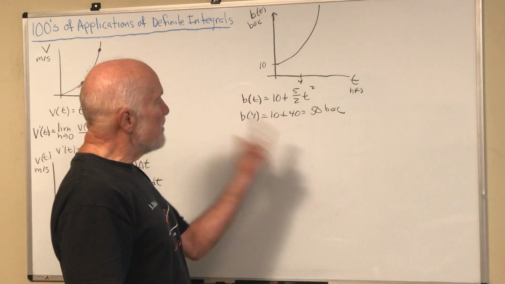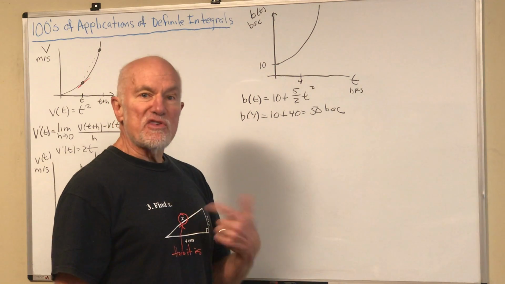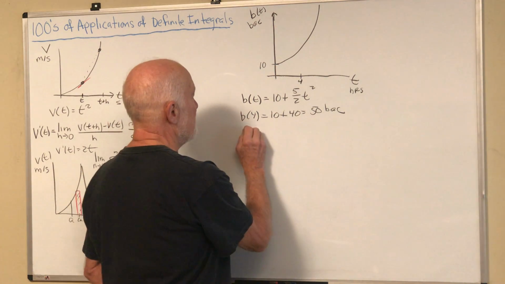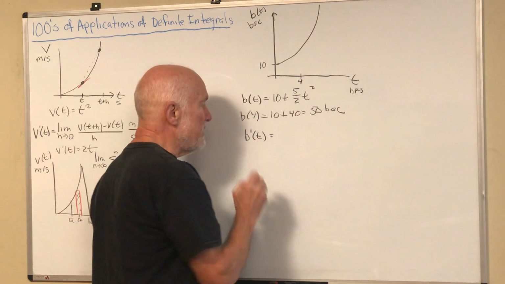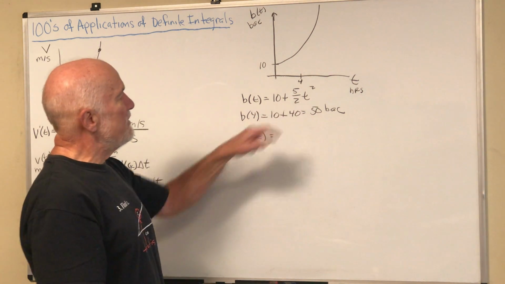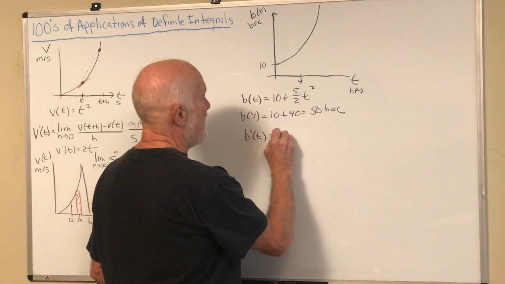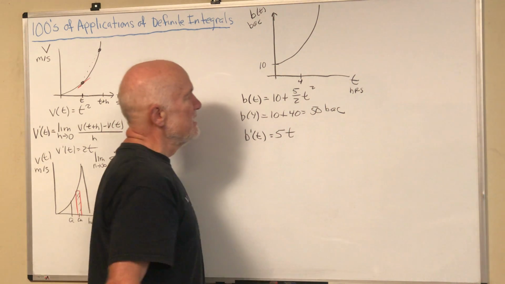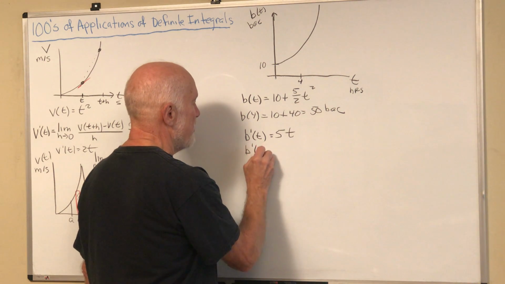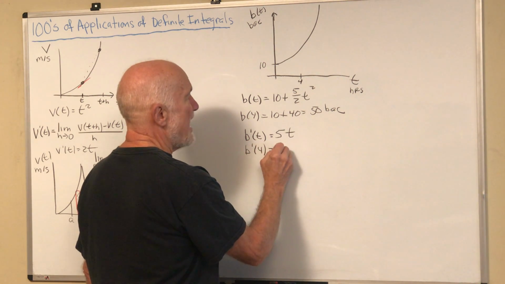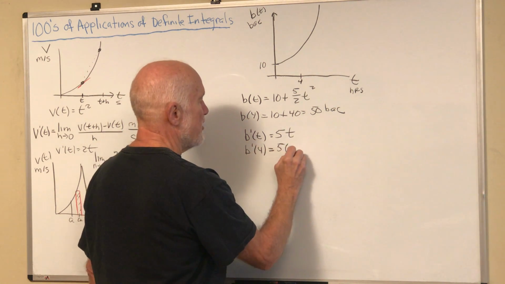Well, then there's this derivative formula. Should we see whether the derivative has value? Well, using our shortcut method, we can find the derivative of this and get 5t. So if we plug in B prime of 4, we get 5 times 4, or 20.